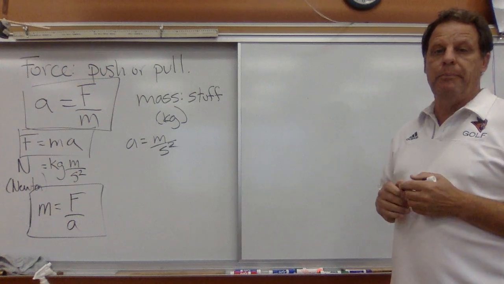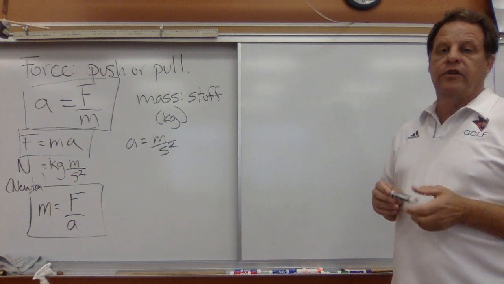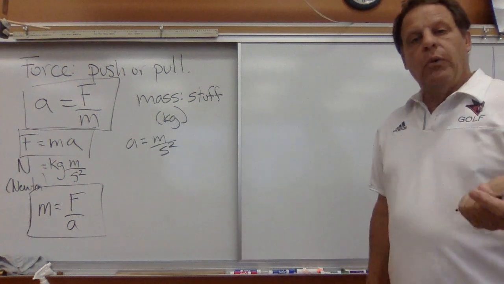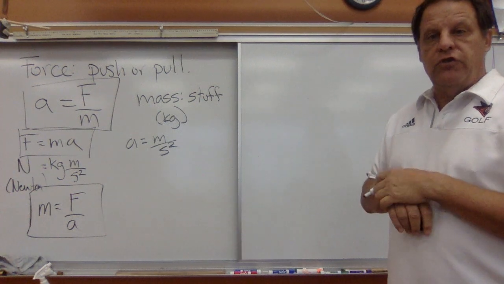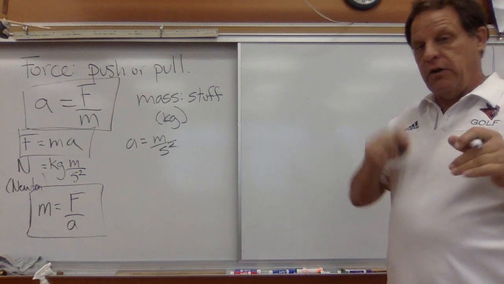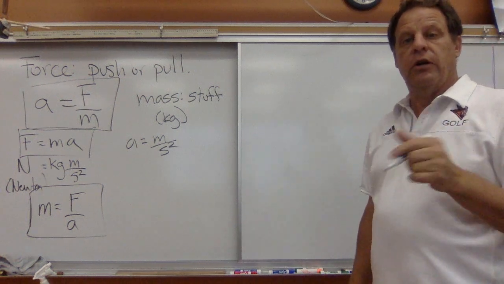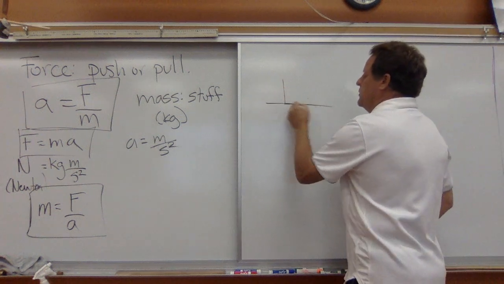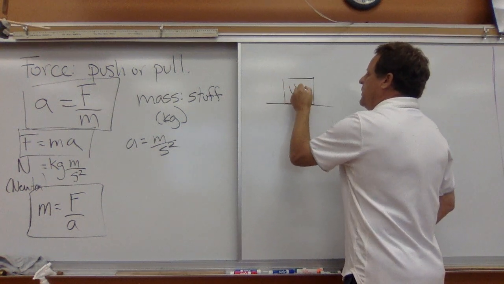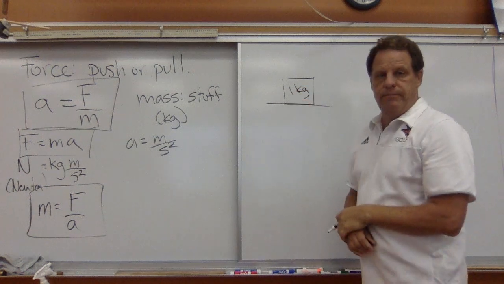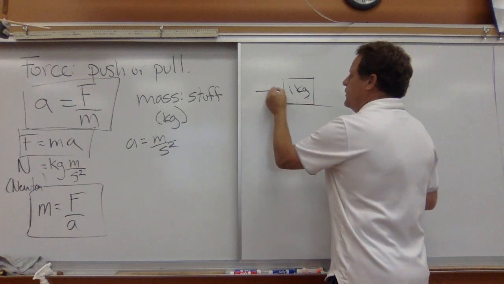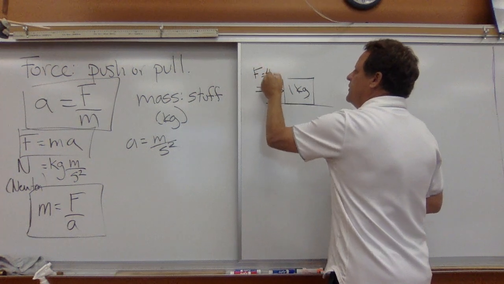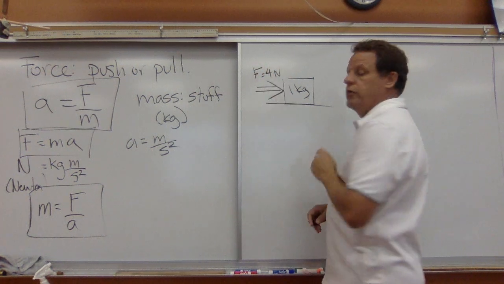So let's do a few basic force equations. What's going to become really important for you to understand the question is to draw a picture. Our next lecture is going to be something called free body diagrams, but for right now, let's say we have a 1 kilogram object, and we have a force that is 4 newtons.